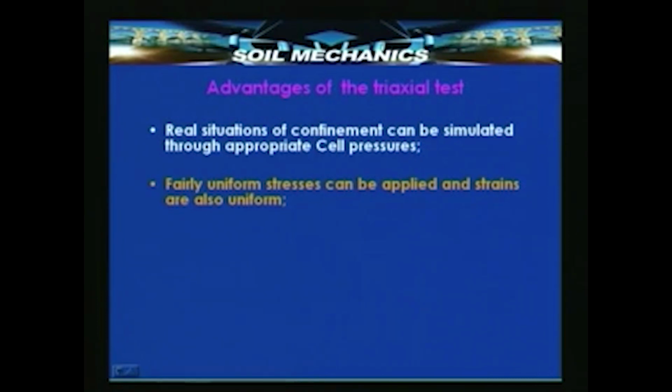Therefore, the stress level goes on changing, it does not remain uniform. Whereas, in the triaxial test, we have the advantage of imposing fairly uniform stresses on the sample. Then, most important, the shear strain behavior of the soil can be studied in detail. As the test progresses, you can measure the strain levels, volumetric strain and the axial strain, and compute the shear strains.